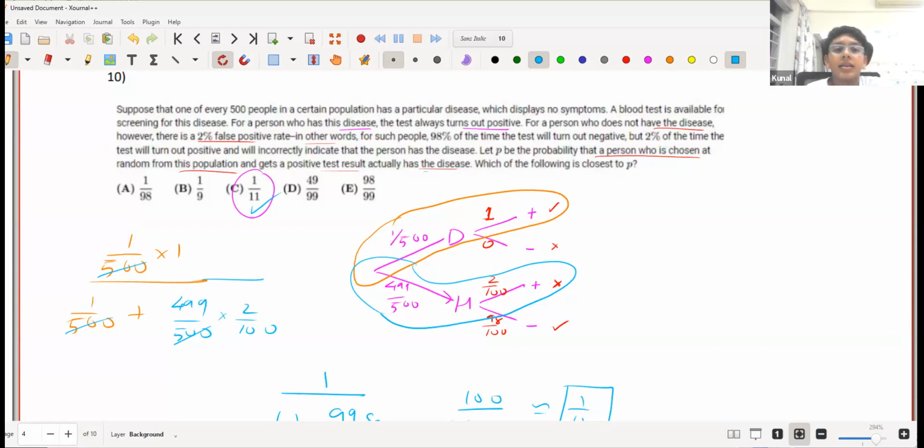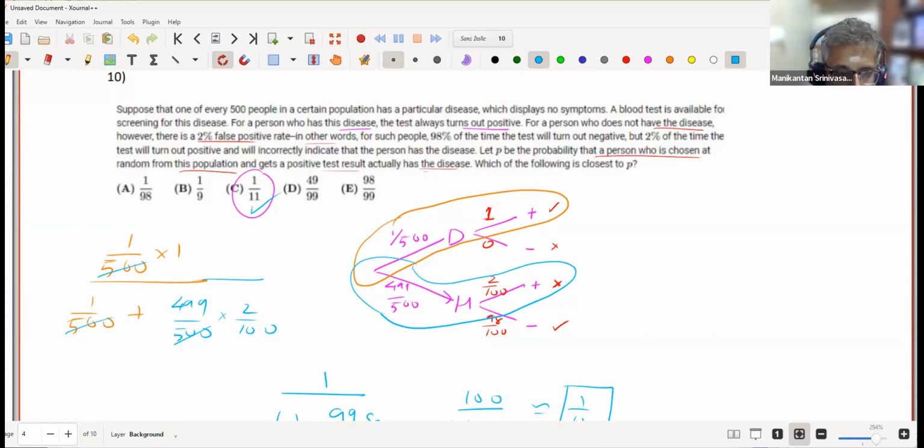Since it's asking for the closest to P, you can just approximate that 499 to 500. That's what I did. Now, out of that 500, 2% of the time there'll be a false positive test. So if you take 500 tests, 2% means 10 tests will come positive, but there's actually only one positive. So 10 tests are false positives and one is the actual positive. So in total 11 tests, and out of that only one.